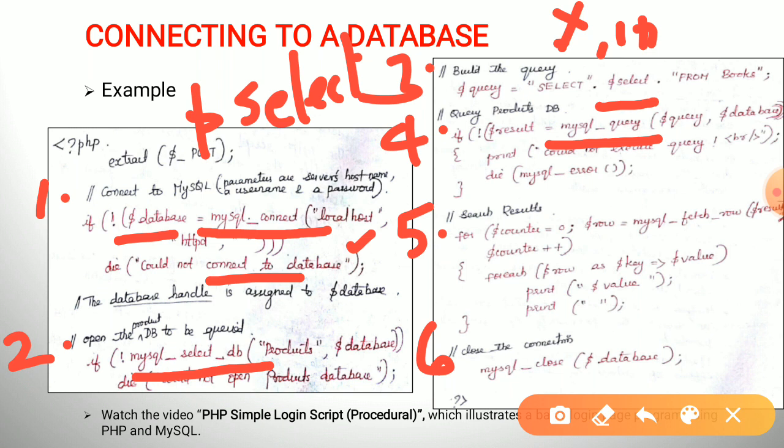Here we are displaying the result using a foreach loop. Now the last step is we need to close the connection using the mysql_close method. The parameter is the database handle name.